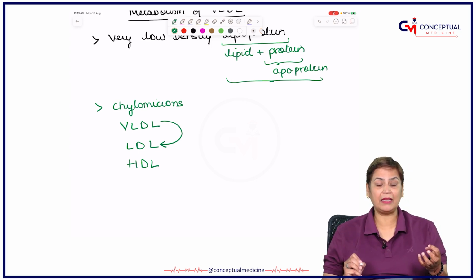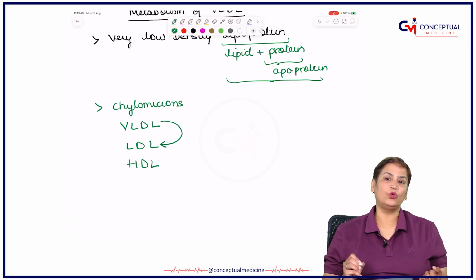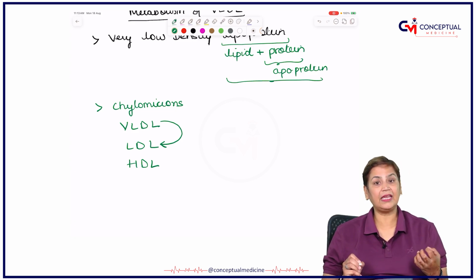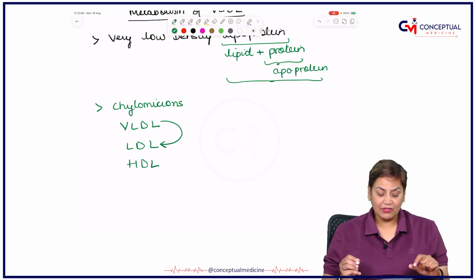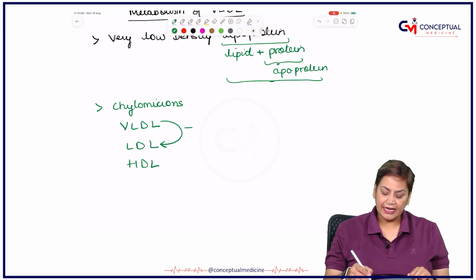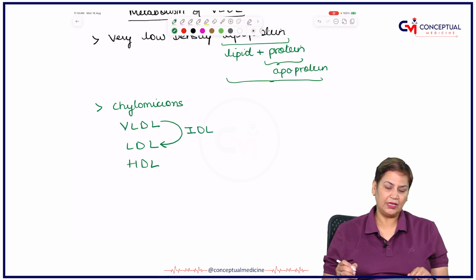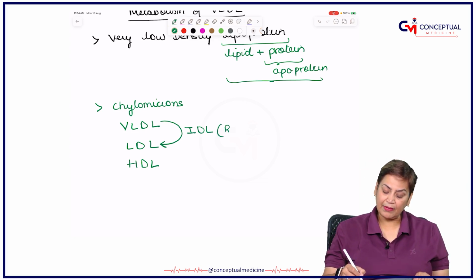So what do we mean by the terms low, very low and high? Density depends upon the protein content. This is again very important to understand. When VLDL is converted into LDL, an intermediate density lipoprotein is produced, which is known as IDL. We can call it a remnant VLDL also. So it's one and the same thing.